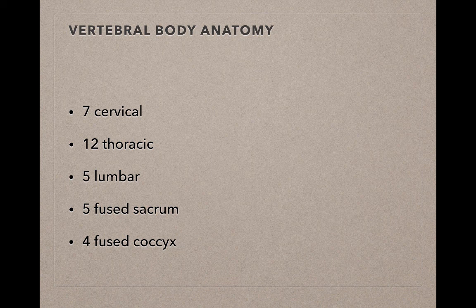The sacrum is the link from the axial skeleton to the legs. So it's a wedge at the pelvis that helps add stability, and we'll talk about the details here momentarily. And then finally, it's the coccyx, 4 fused segments to form a coccyx, which have no function.